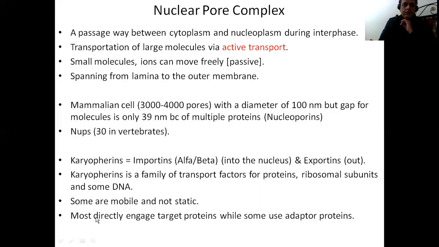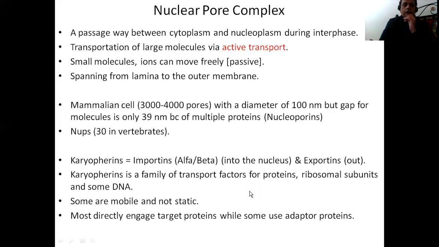Some of these importin and exportin carrier proteins are mobile in nature. Usually people think that these proteins would be static in nature and fixed to certain positions, but there is plenty of evidence suggesting that many of these karyopherins or the nucleoporins are mobile in nature.